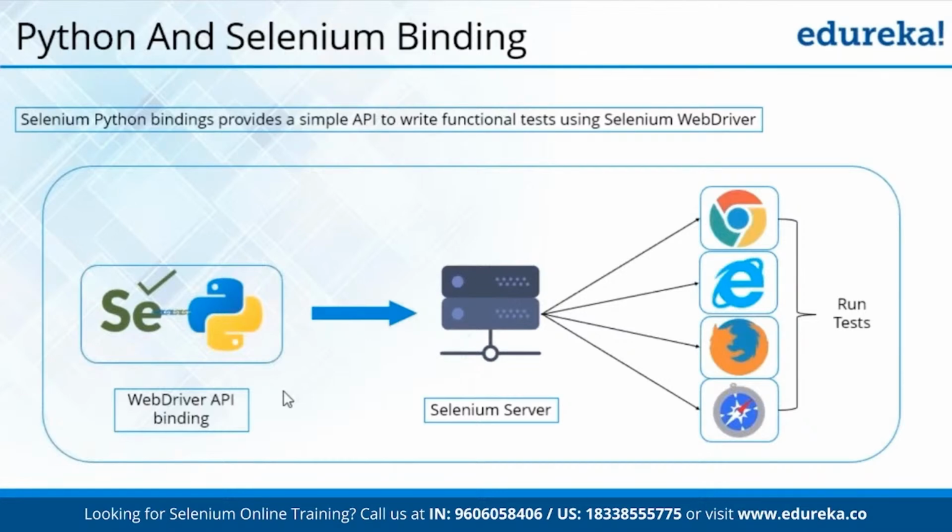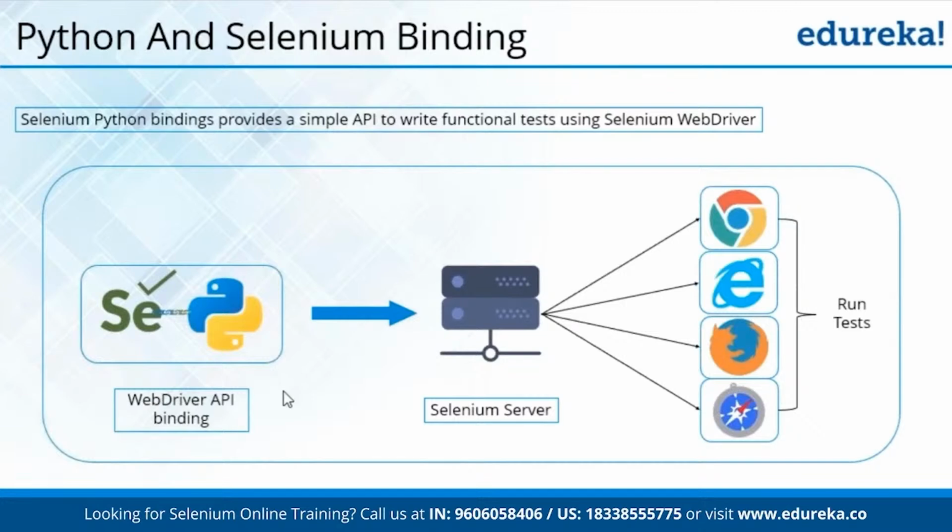These are the binding libraries which are created, and with their help, you will connect to your Selenium server, and with the help of your server and the driver binding libraries of each browser, you allow the Selenium script to run on the various browsers as you expected. So as per your script, it will perform the operation on the browser.